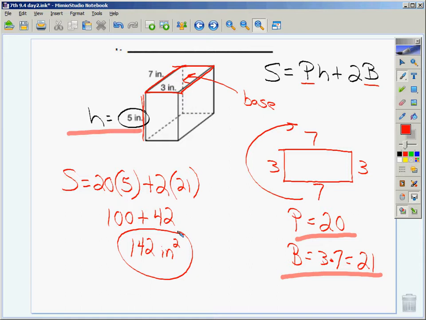Does everybody agree that we can find perimeter and area of a rectangle? Yes. That this isn't hard? You've been doing it for a long, long time. And the hardest part about this is pulling this piece out. Okay?